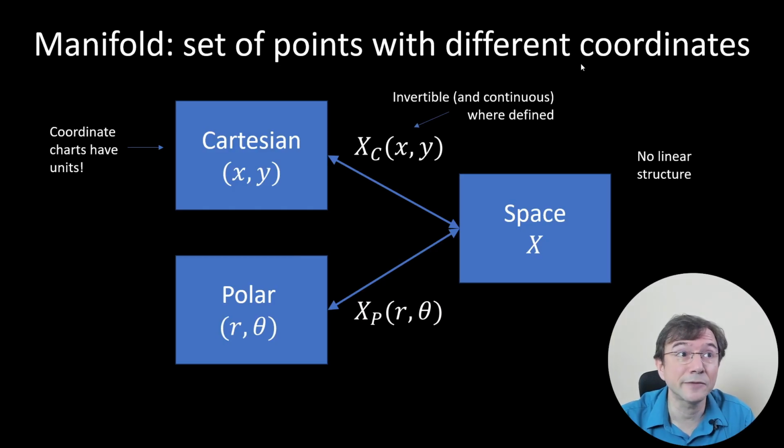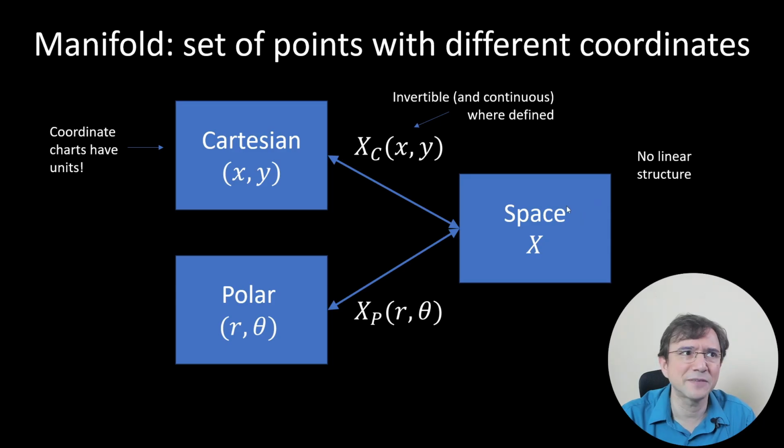And a manifold is a set of points with different coordinates. The manifold itself has no linear structure. Then you have different coordinates that are defined in patches, which are invertible and continuous between the coordinates and the space in the region where these coordinates are defined.